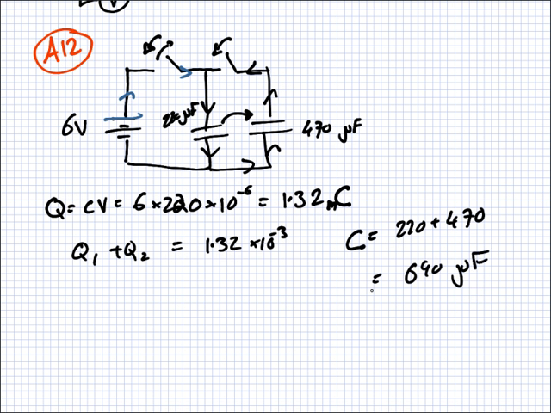Q equals CV, and we know the Q and the C, so we can get the V. Sorry, they want the charge Q1.